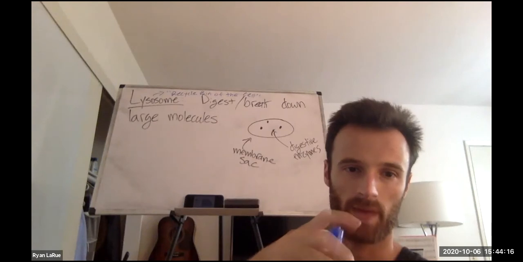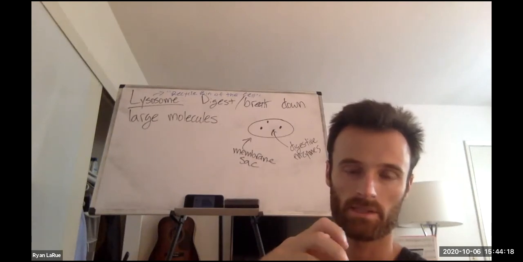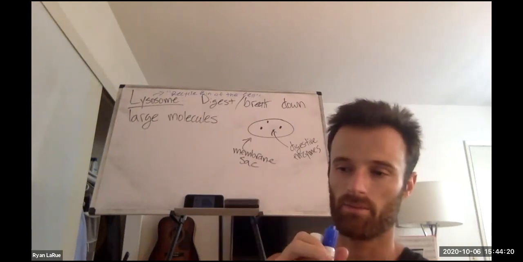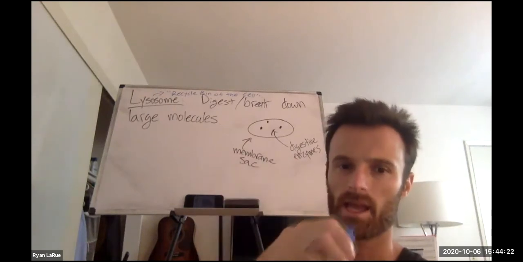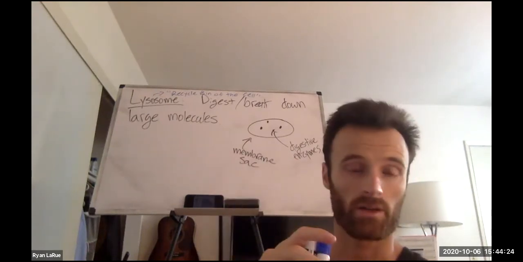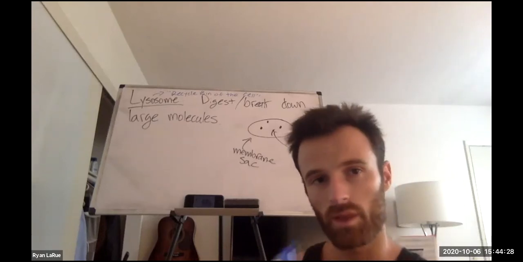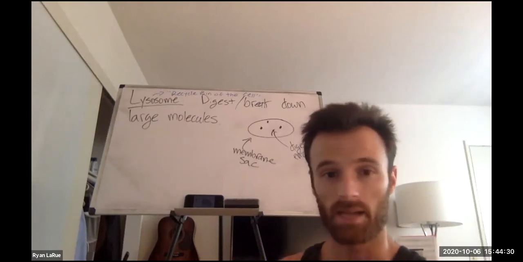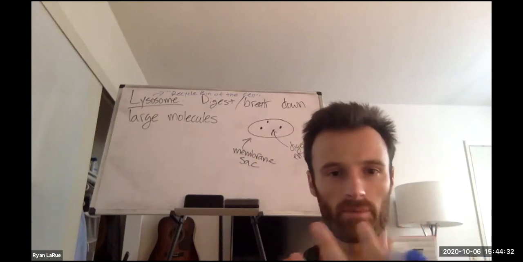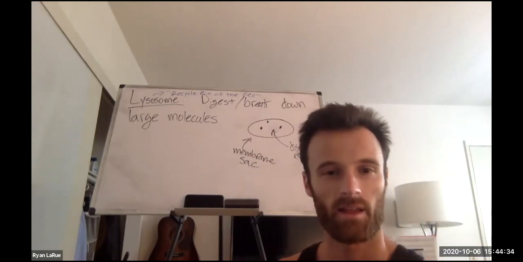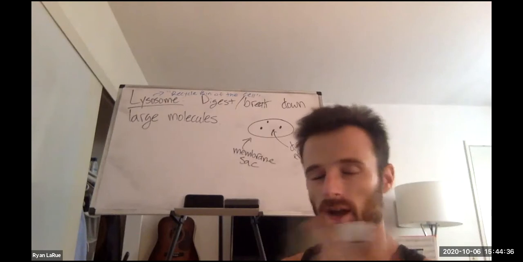They'll engulf the pathogen, the bacterial cell or viral particle, one at a time, and lysosomes will fuse with it and digest it, tear it apart, destroy it. And it's actually a process called phagocytosis.